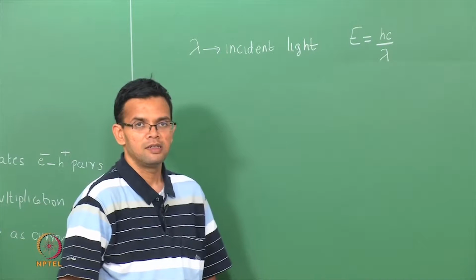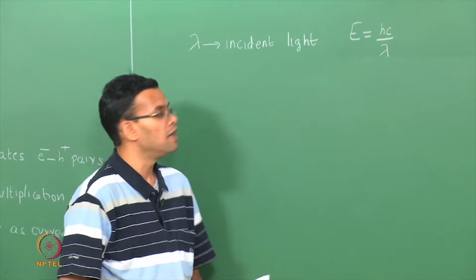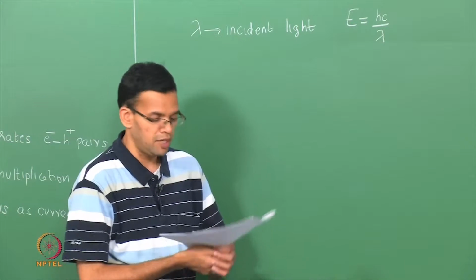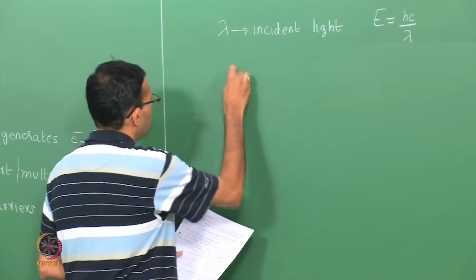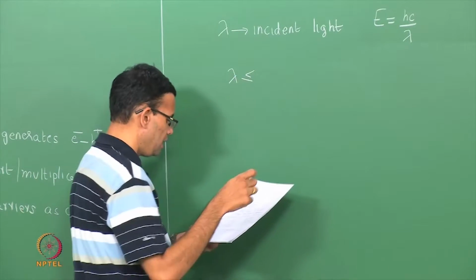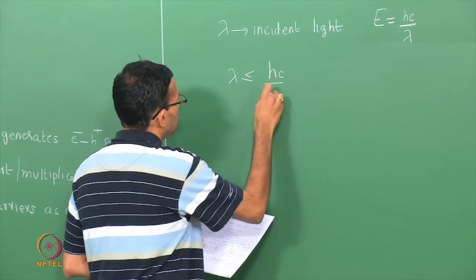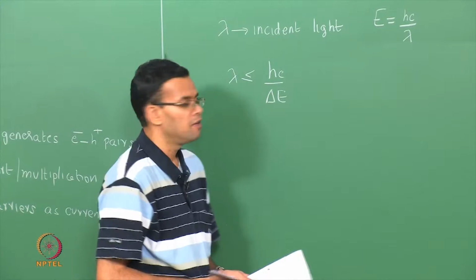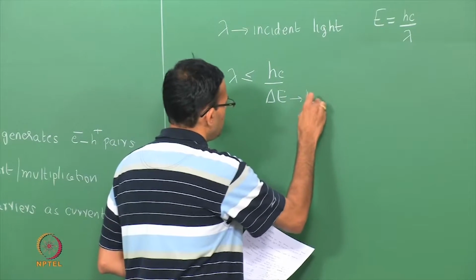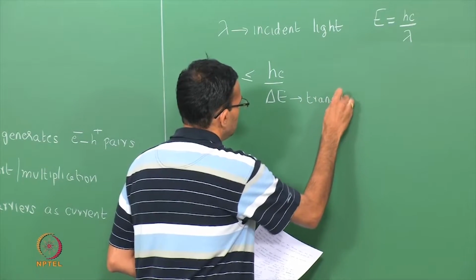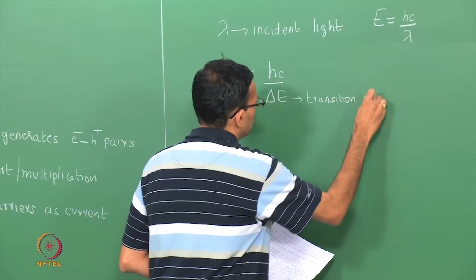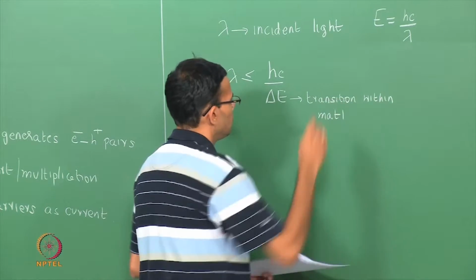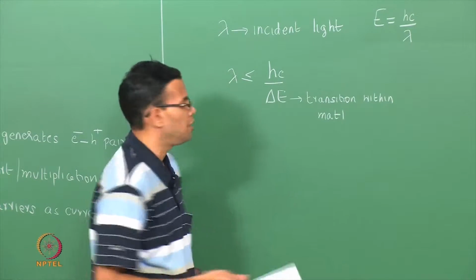So, this light can be detected if this lambda corresponds to some sort of transition within your material. As long as lambda is less than or equal to hc over delta E, where delta E is a transition within the material, then your light is said to be detected.